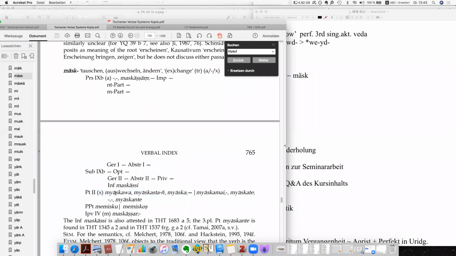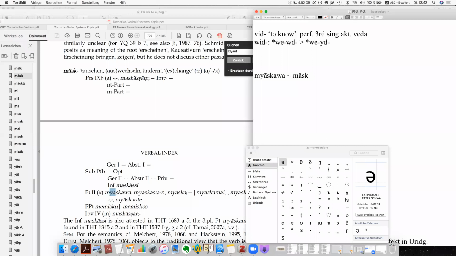So a very important marker sign here is palatalization, right? So for the second preterite, preterite 2, with palatalization, right? Yeah. Okay.